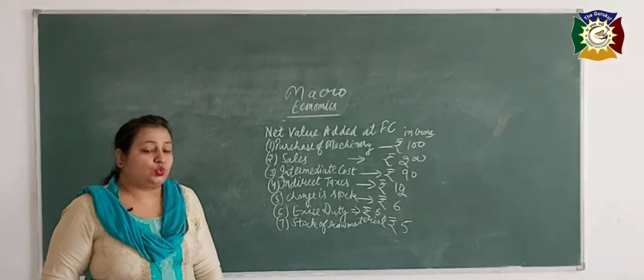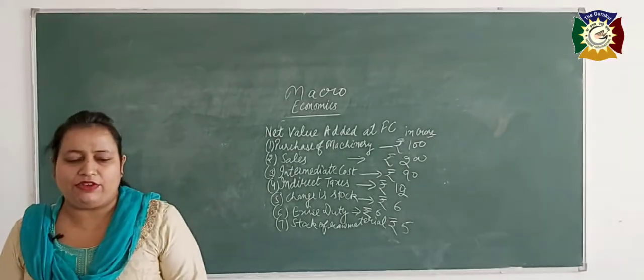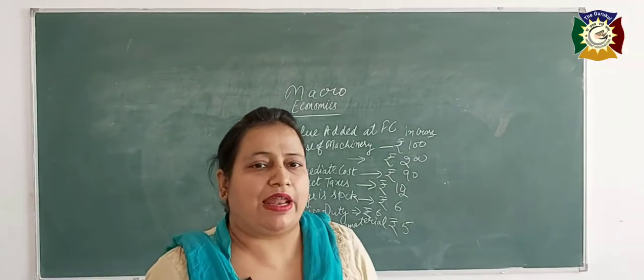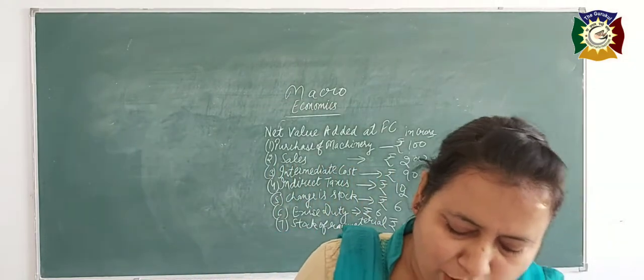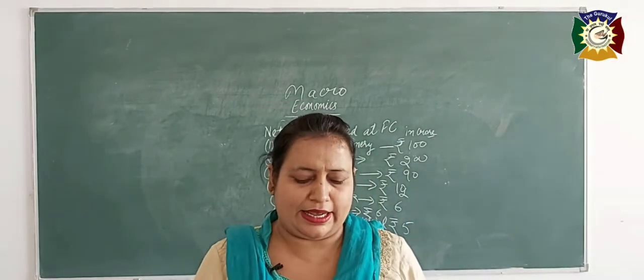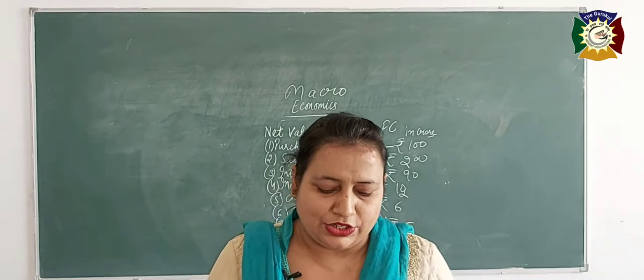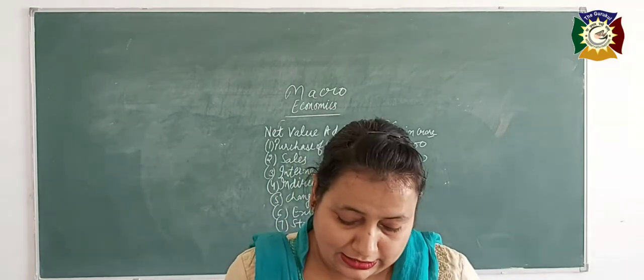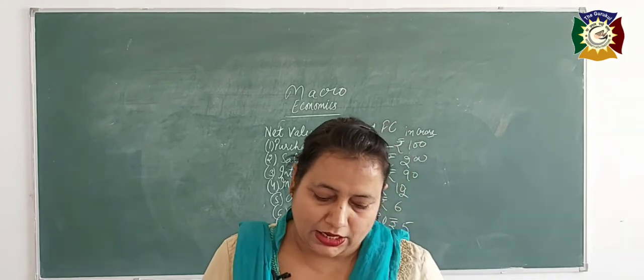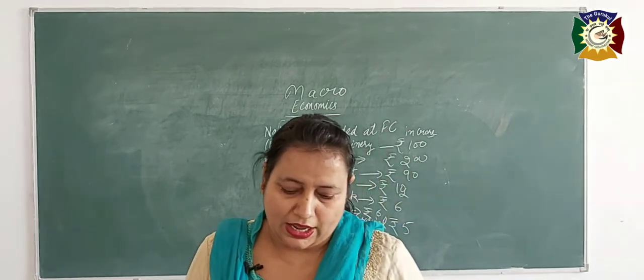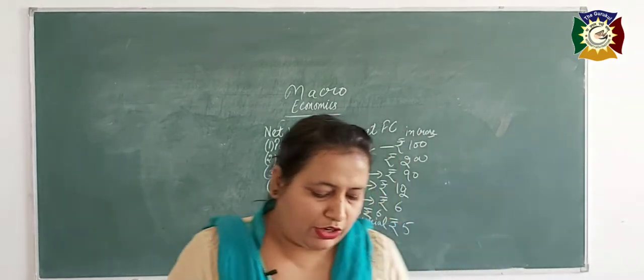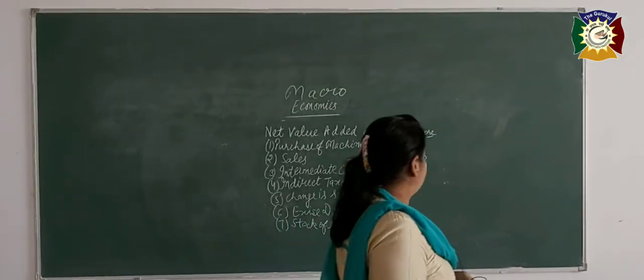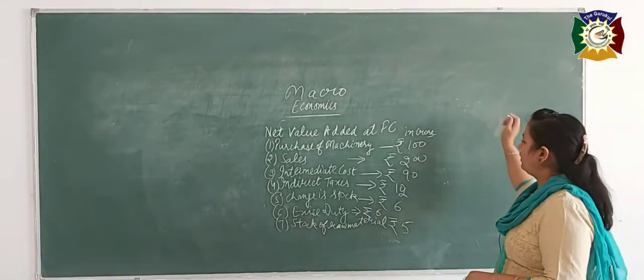What you have to do? You have to find NVAFC. In value addition method, I already told you the formula is sale plus change in stock minus intermediate cost. Okay.